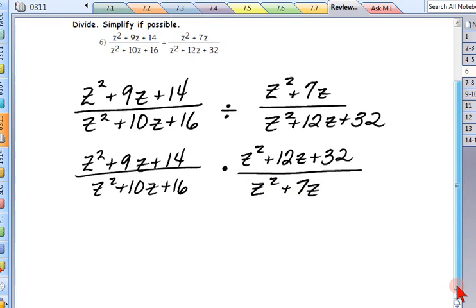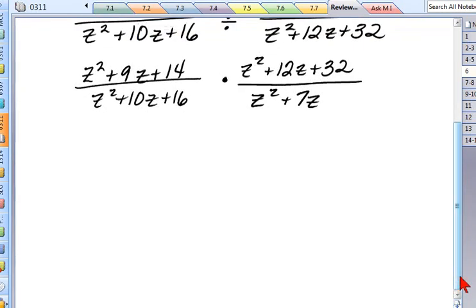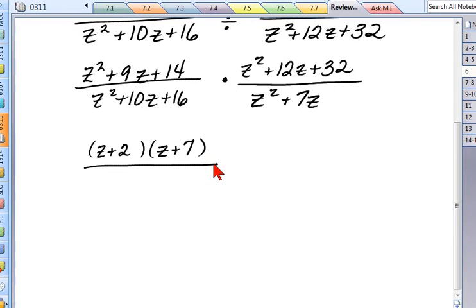And certainly you can find ways that you don't have to do all of that writing. All right. Now, it's a multiplication problem, and I need to factor everything. Numerator of the first fraction. I'm going to have z plus 2 times z plus 7. Like I said, I'm going to move through the factoring steps pretty quickly. Factors multiply to give me 14, but add to be 9.